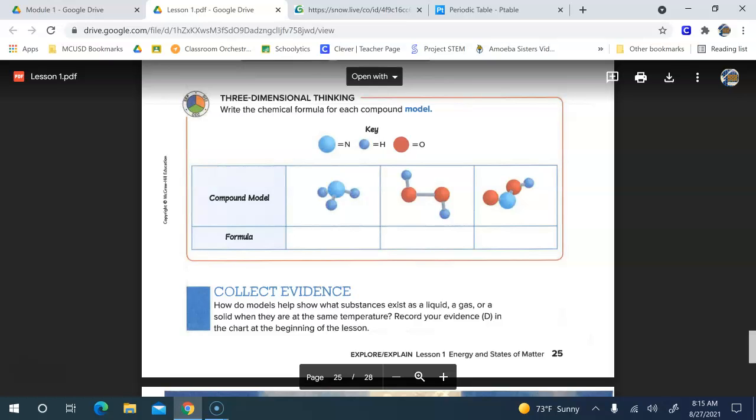So, since there's only 1, there is no subscript. We just put it in. Then if we look here, we have 1, 2, 3 hydrogen, which is here. So we have to put an H, and since there are 3 atoms in that molecule, we have to put a 3. So you are going to do the other 2.